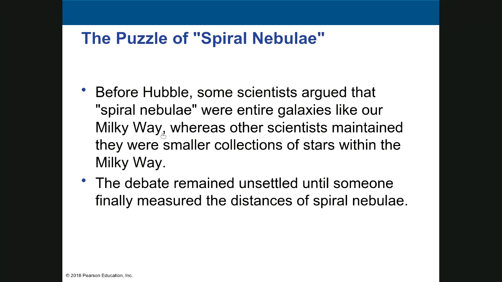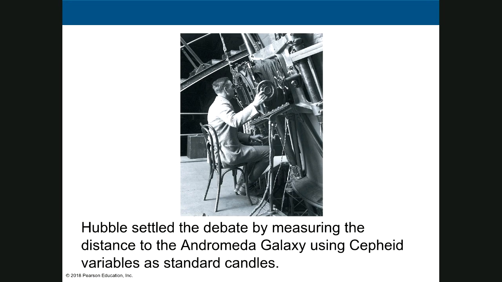And he did that by using Cepheid variables with his telescope here. Here's Edwin Hubble. He was able to measure the distance to the Andromeda spiral nebula by looking at these Cepheid variable stars in the Andromeda galaxy and finding that it was much, much farther away than local stars in our group.